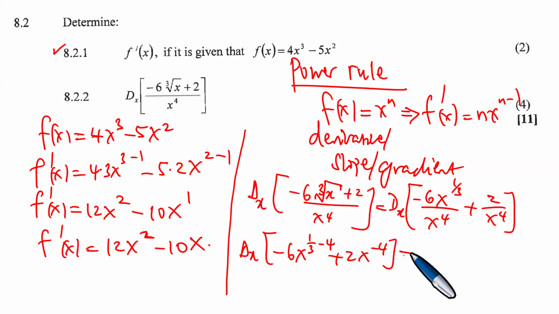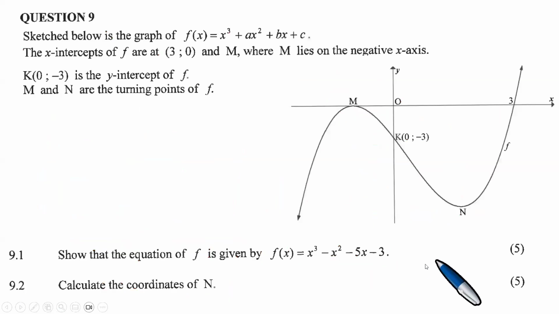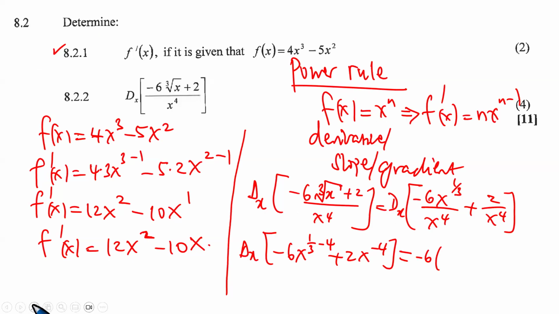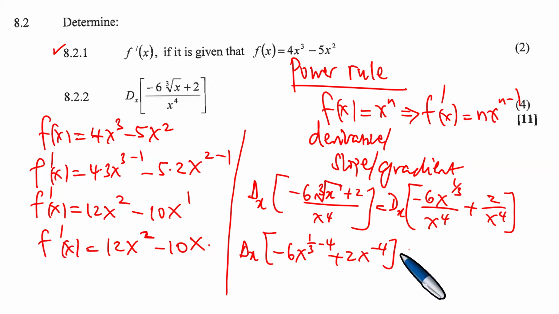So if you find the derivative at this point, this is actually minus 6 multiplied by, okay, before we find the derivative, let us have the following.